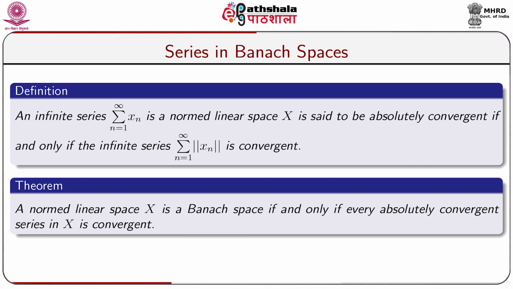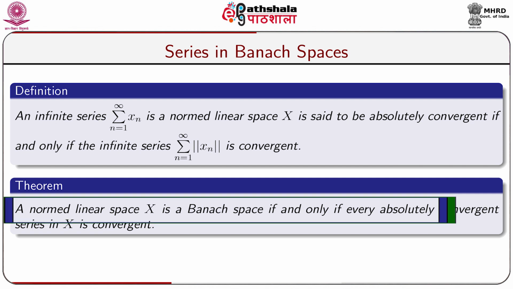Now, let us take a definition. An infinite series sigma n equal to 1 to infinity xn in a nonlinear space capital X is said to be absolutely convergent if and only if the infinite series sigma n equal to 1 to infinity norm of xn is convergent. In this connection, we get a theorem.